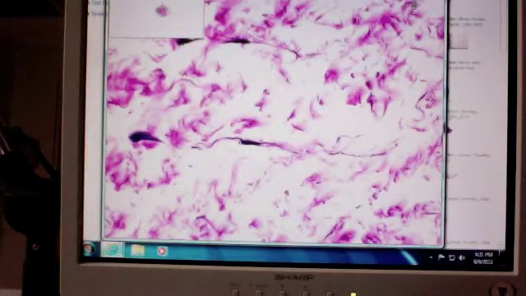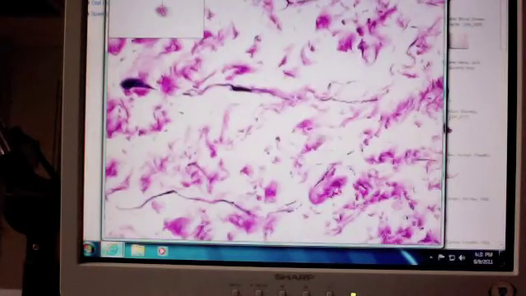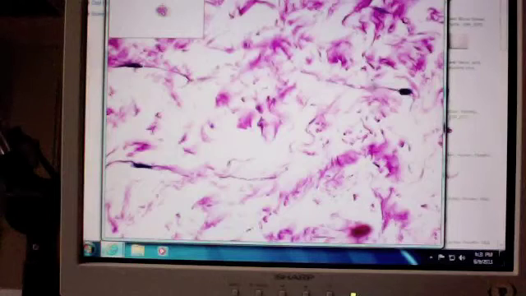Now, given that when we're looking at this, I'd have to say this is a very specialized connective tissue. If I said name the connective tissue, this is a toughie. Embryonic?